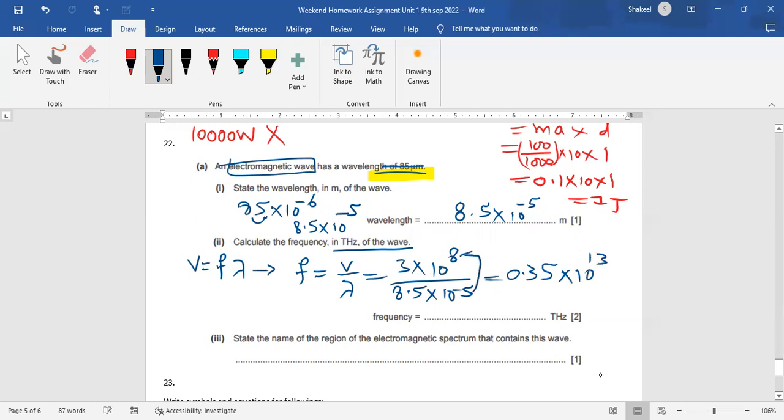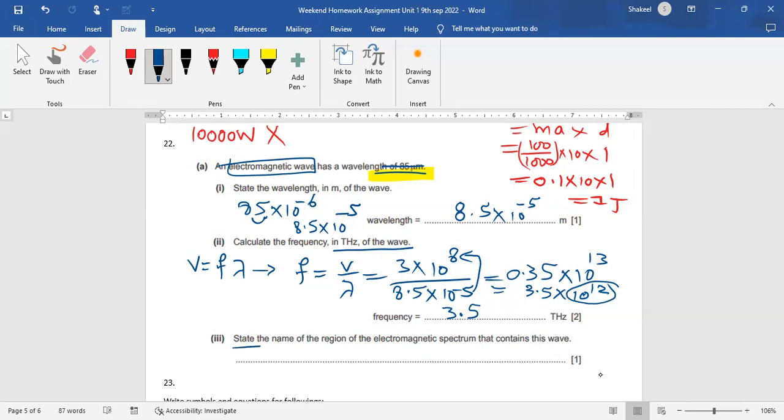Then you rearrange it to 3.5 into 10 power 12. 10 to the power 12 is tera, so 3.5 terahertz is the answer.